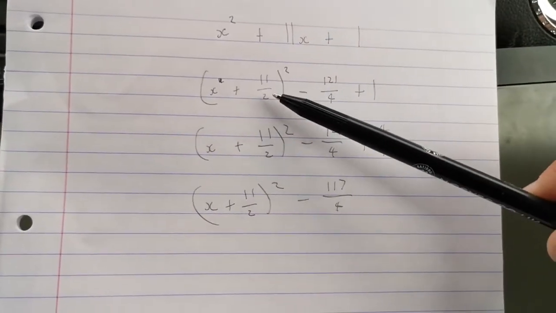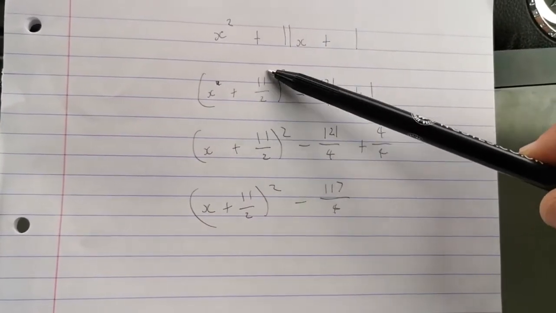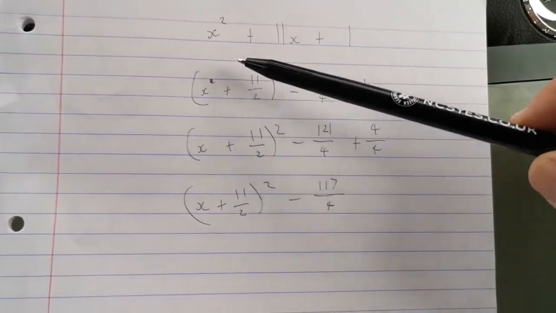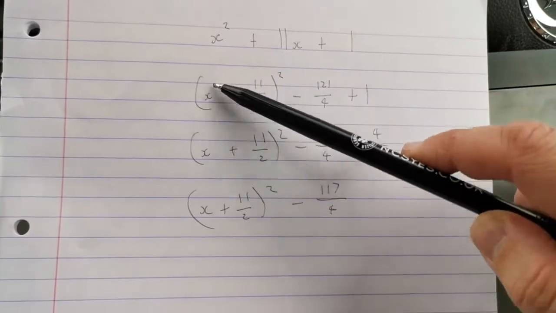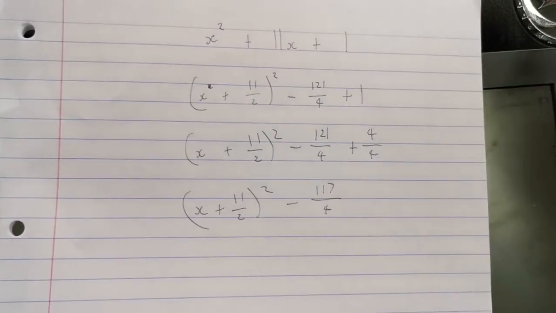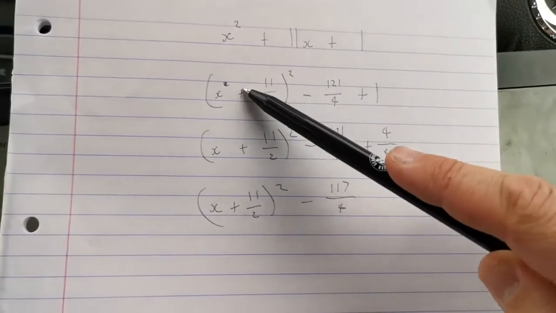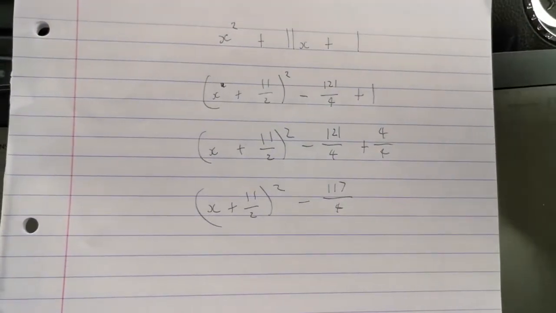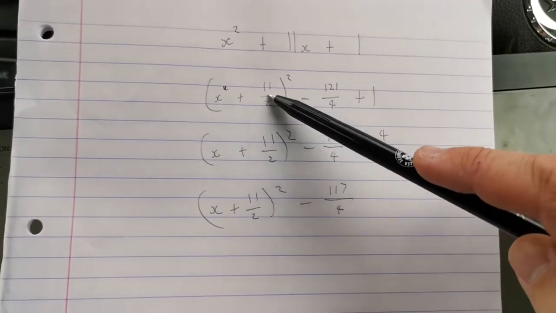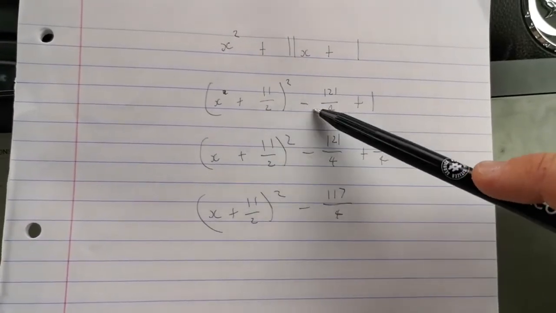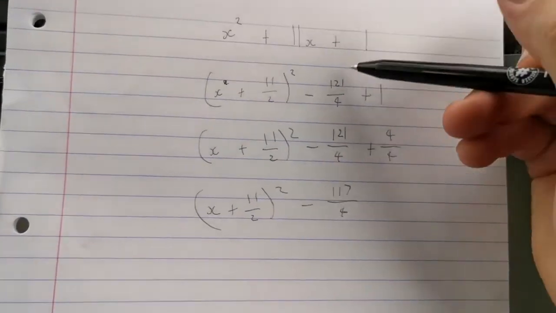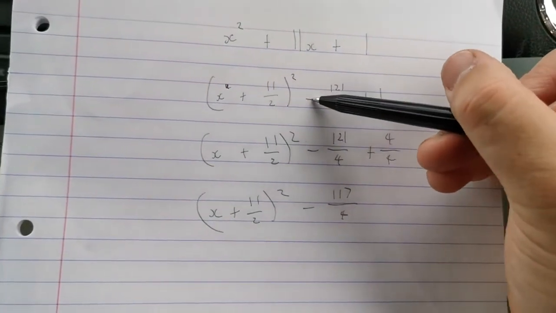The next thing I do is I work out, if I expanded these brackets, what would I get? If I expand these brackets, I would be getting x squared plus 11x, plus 121 over 4, because I would be squaring this. But I don't want that. When I'm working out this section, I don't want that 121 over 4, therefore I take it away.